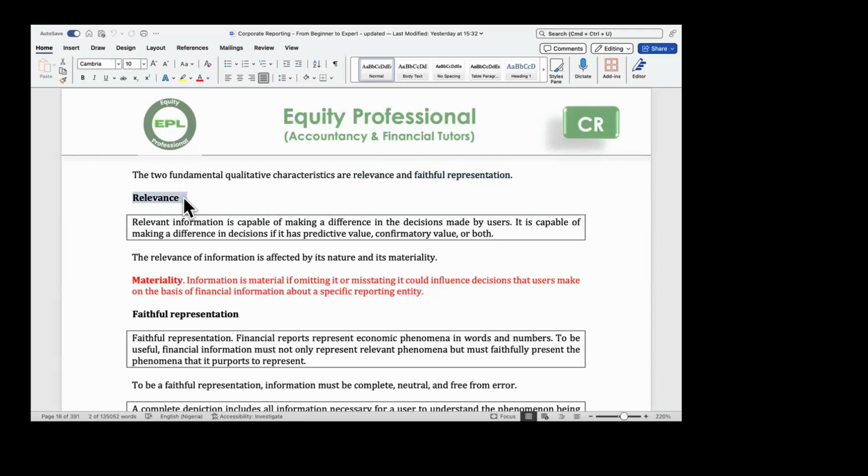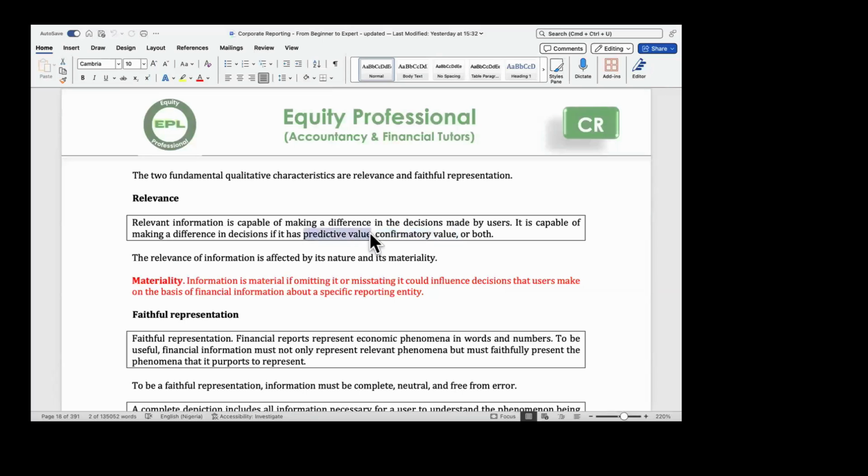Now, relevance, which is a fundamental characteristic, means that the financial information must be capable of making a difference in the decisions made by users. And when we say capable of making a difference, it means that the information must have predictive value and confirmatory value.